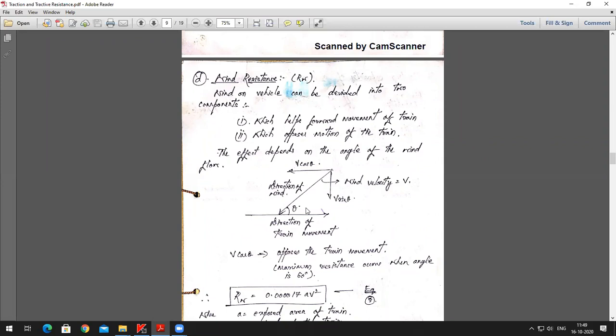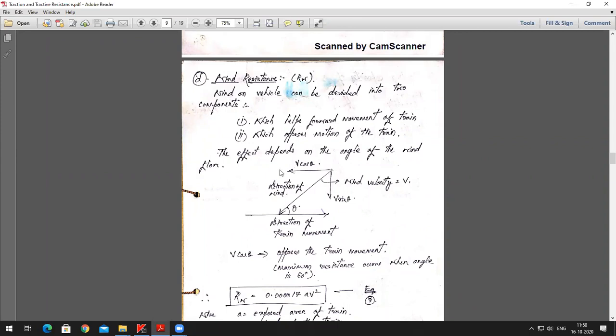So to generalize, the effect actually depends upon the angle at which the wind is blowing. Imagine the vehicle is moving in this direction as I have shown in this figure. Then if the direction of the wind is inclined at an angle of theta, it will have a force acting in this direction. You need to resolve this force into a vertical component and a horizontal component.